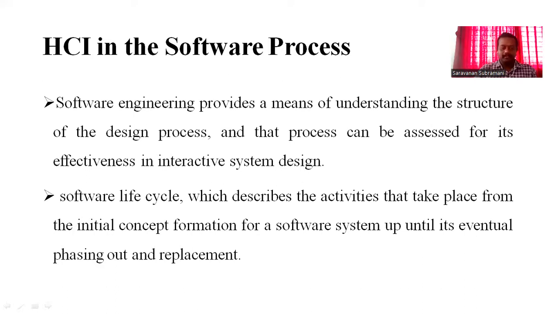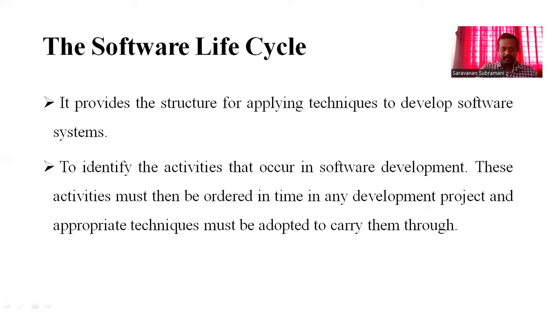The software lifecycle describes the activities that take place from the initial concept formulation of the software system until its evaluation and replacement, with all the details relevant to the development process. It provides the structure for applying techniques to develop the software system.